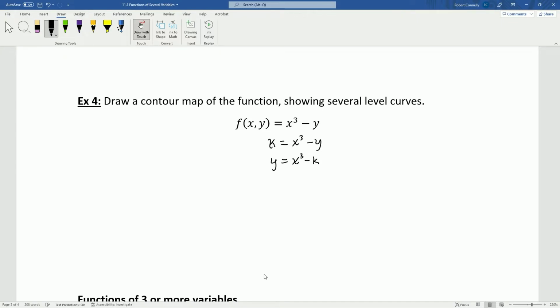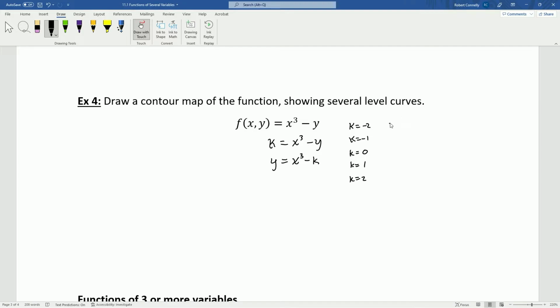And so what we're going to do is just draw several graphs of this form where k is a constant value. We'll just pick some values. How about k is -2, k is -1, k is 0, k is 1, and k is 2.